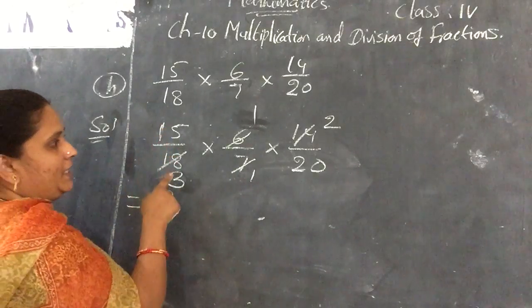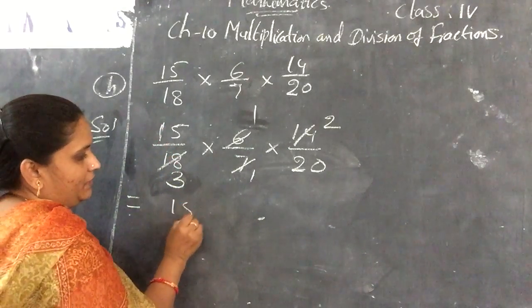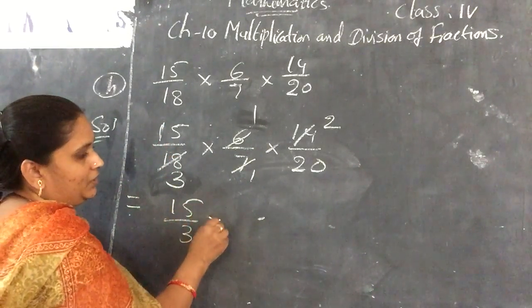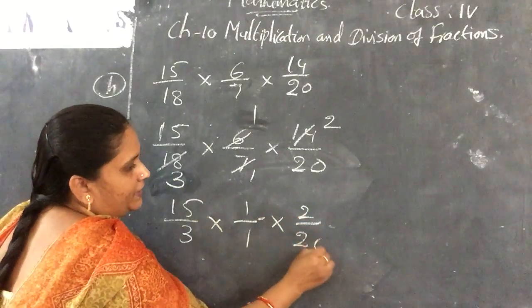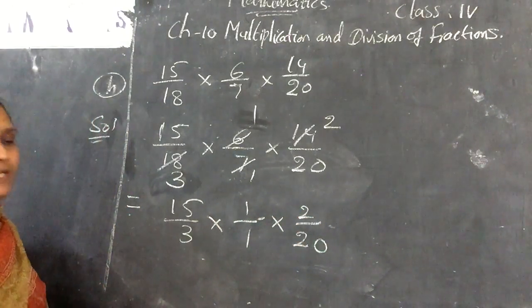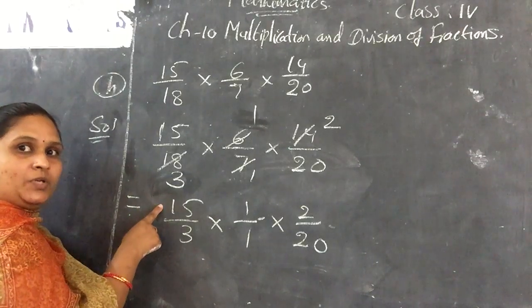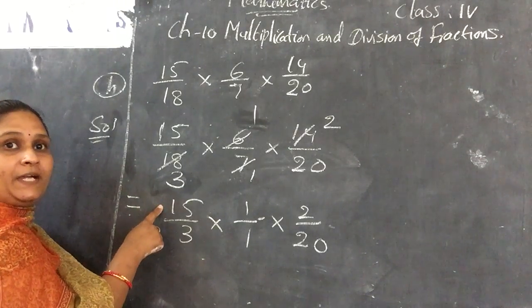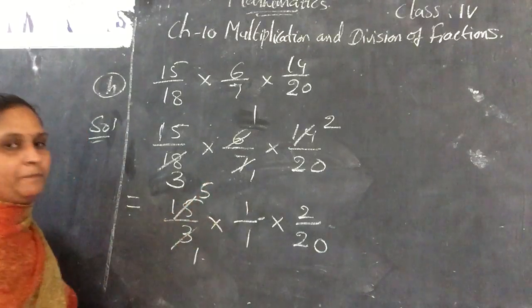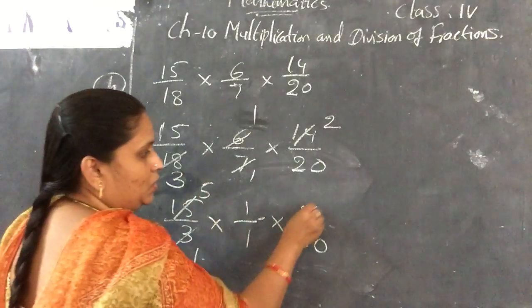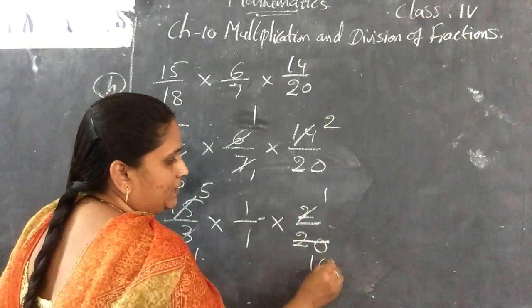Now 15 and 3. What is left over? 15 by 3 into 1 by 1 into 2 by 20. Now again check it. In 3 table, is 15 possible or not? Yes. 3 1s are 3, 3 5s are 15. Next 2 table. 2 1s are 2, 2 10s are 20.